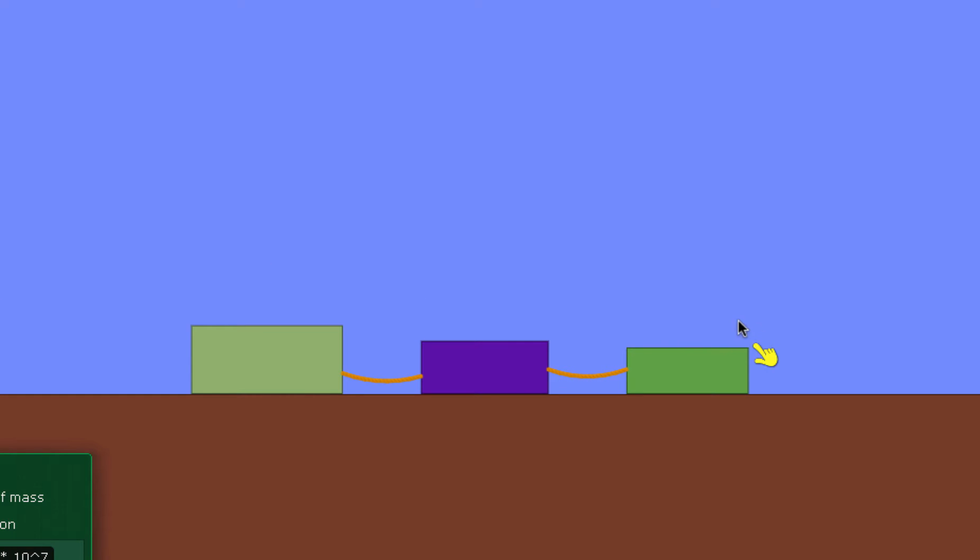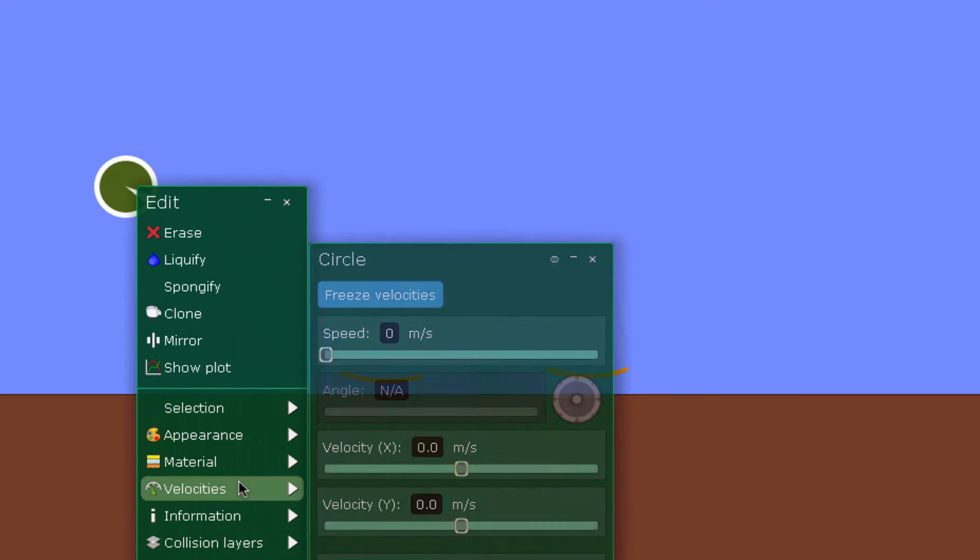What I imagine here is there's a ball, and I'm going to give it a velocity to the right, and here's my bat.